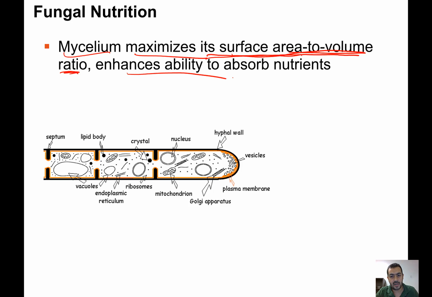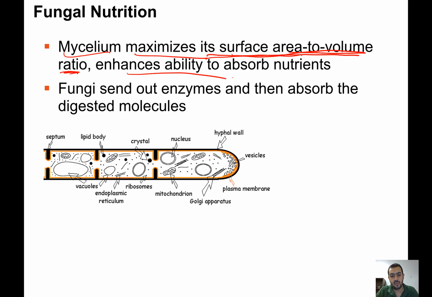But when it comes to another strategy, we'll find that fungi have something that is very characteristic for fungi, and nearly no other organism shares this similarity with fungi. Most other organisms will absorb the nutrients, and then once the nutrients are inside the cell, they will digest these nutrients into absorbable molecules.